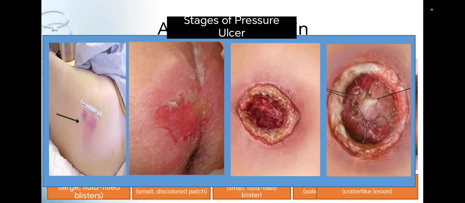We can prevent this by positioning every 2 hours or every 1 hour, allowing the patient to sit down or use assistive devices from time to time to avoid pressure ulcers in their back.